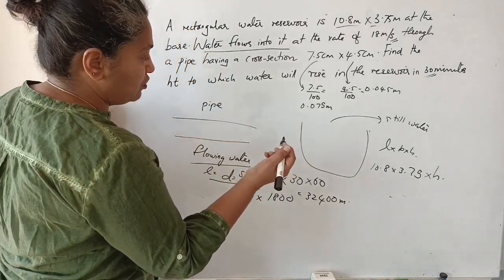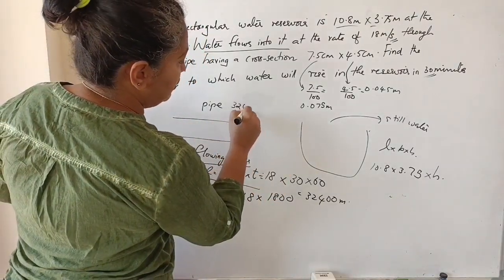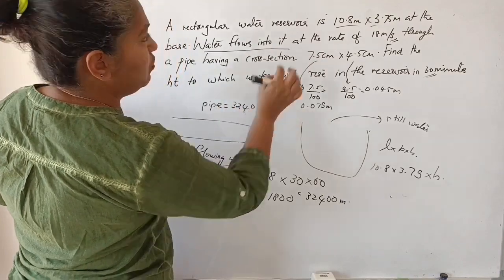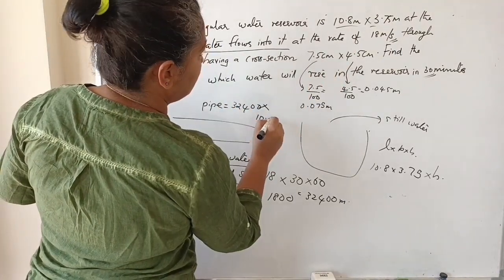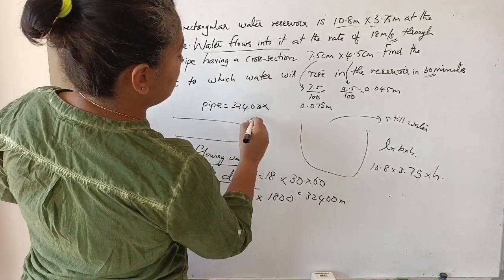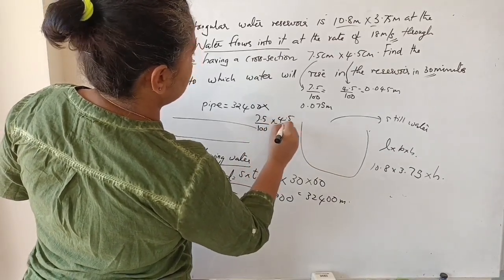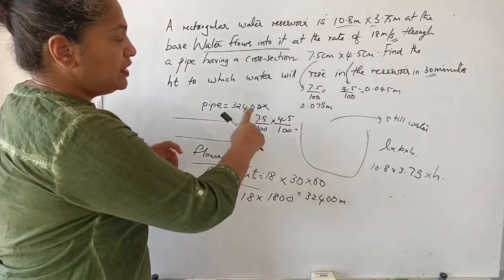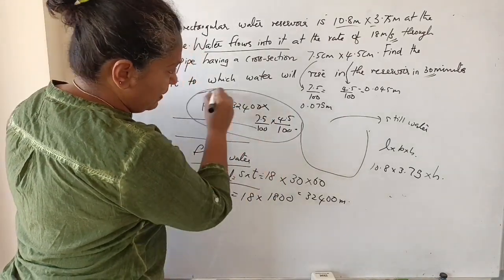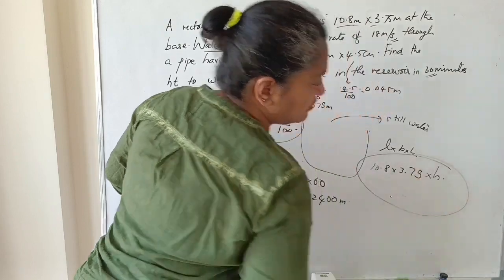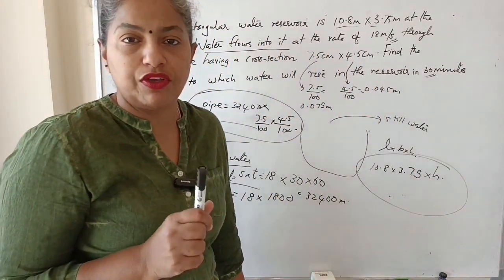So now after getting the length of the pipe, 32400 meters. Now I have got the breadth and I have got the height. Equate the volume of the pipe to the volume of the reservoir and find the value of H.